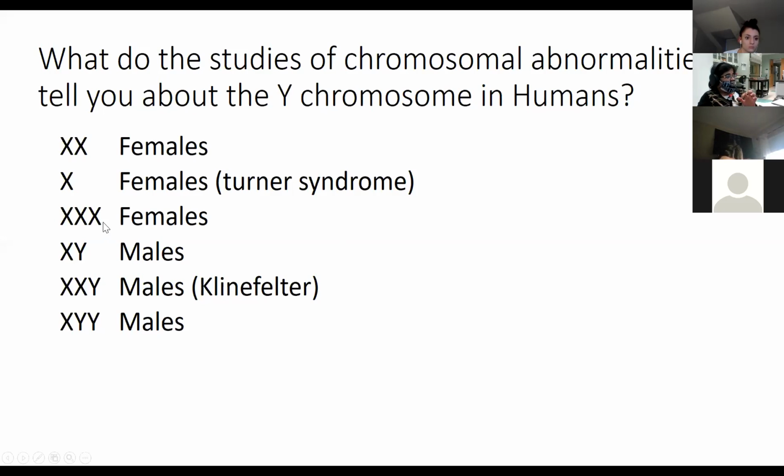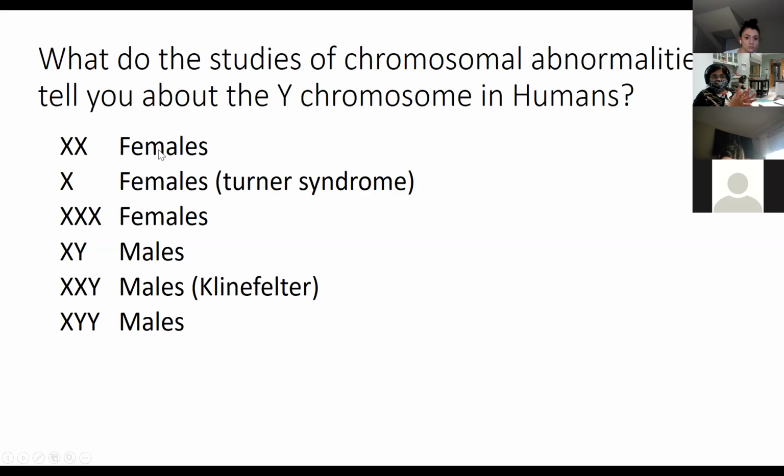Then you have three X's and they're still females. Then we have X and a Y, that's our normal male. Then we have XXY, which are still males too, even though we have an extra chromosome, which is a syndrome called Klinefelter. And then with males, you have XYY as well.